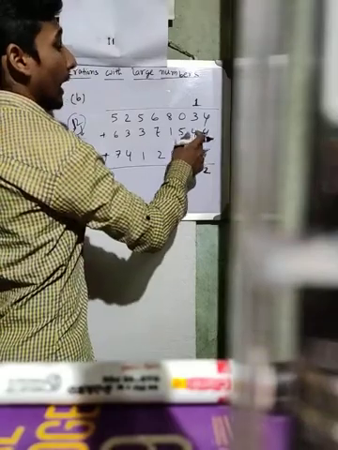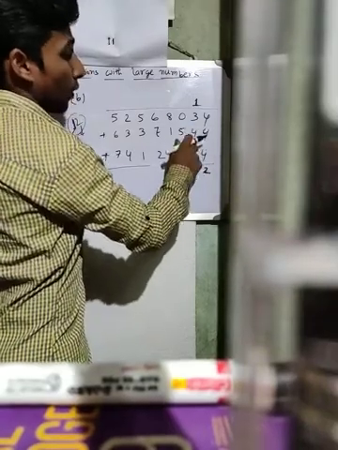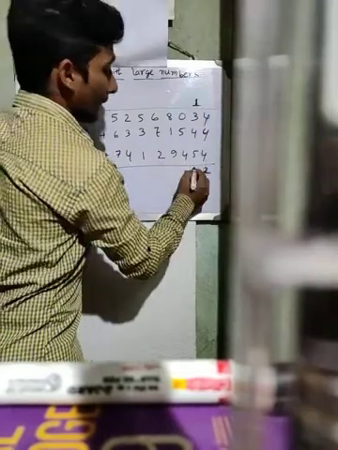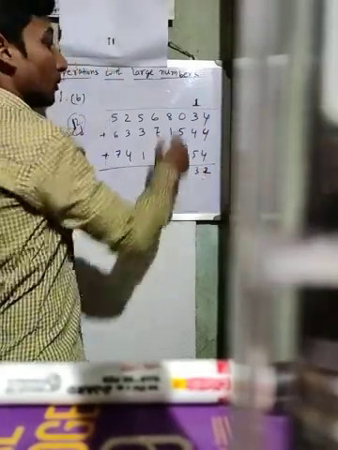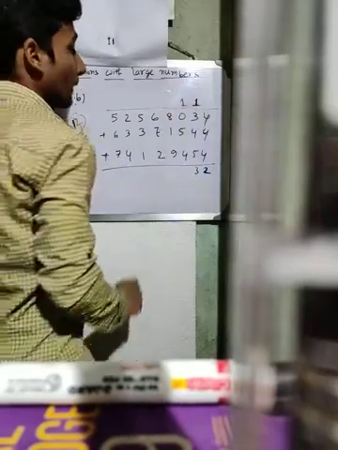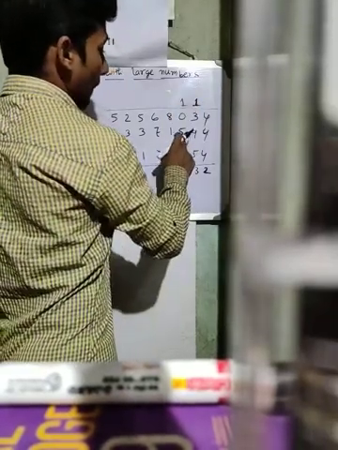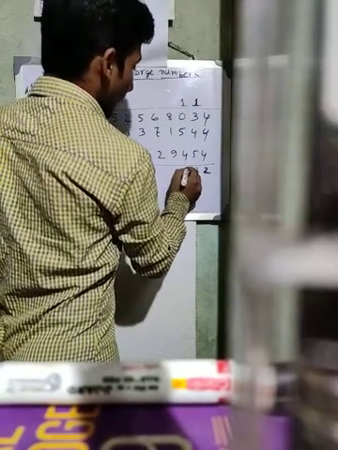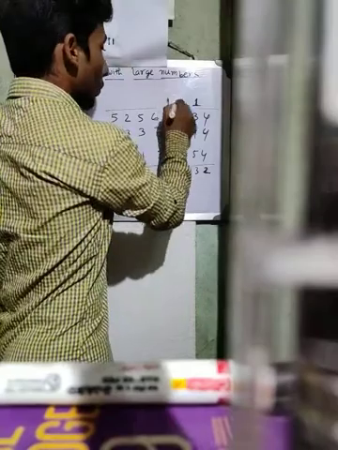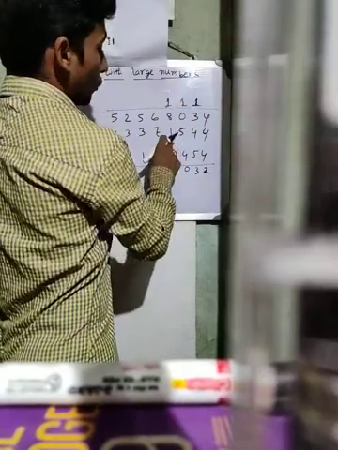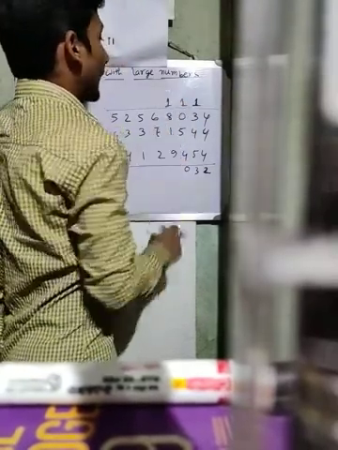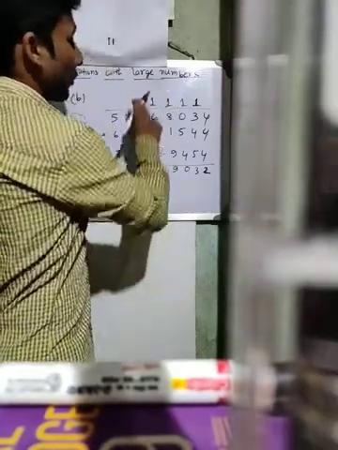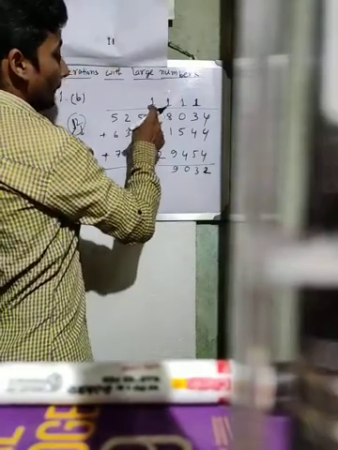Next, add these numbers. 5 plus 4 is 9, plus 3 is 12, plus 1 is 13: write 3, carry 1. Next, 4 plus 5 is 9, plus 0 is 9, plus 1 is 10: write 0, carry 1. Now 9 plus 1 is 10, plus 8 is 18, plus 1 is 19: write 9, carry 1.